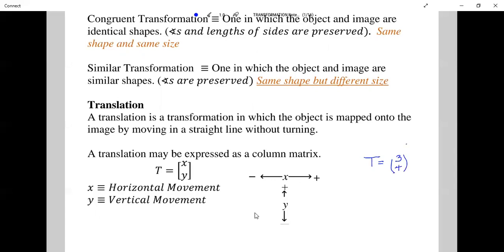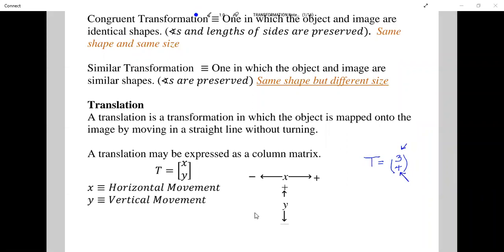The top value is representing horizontal movement, and the bottom value is representing vertical movement.